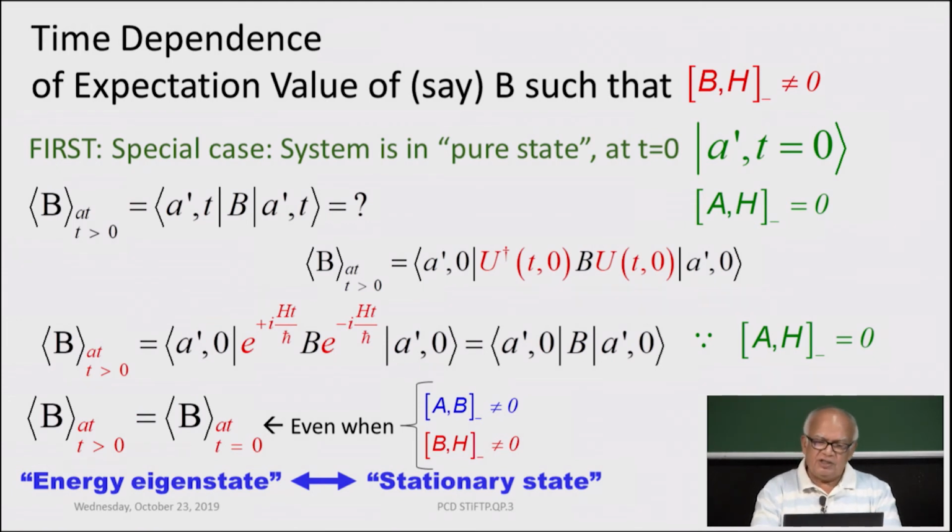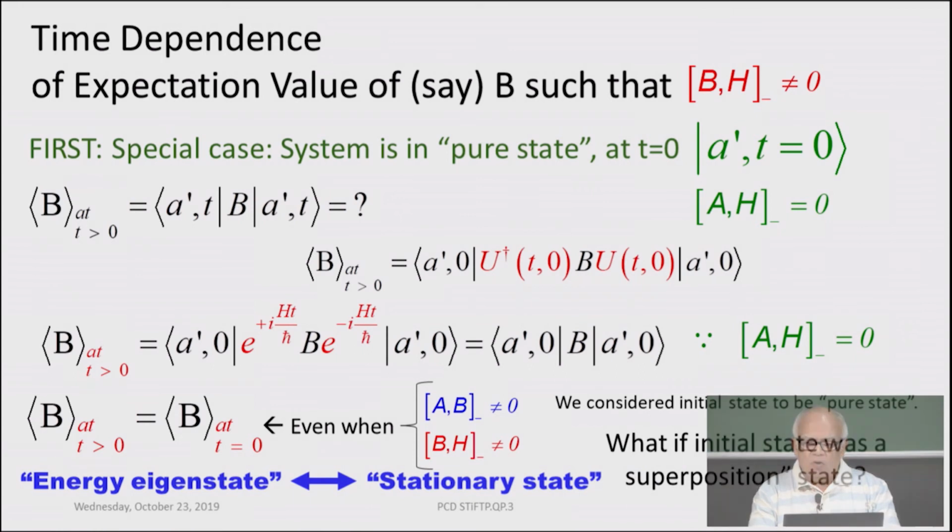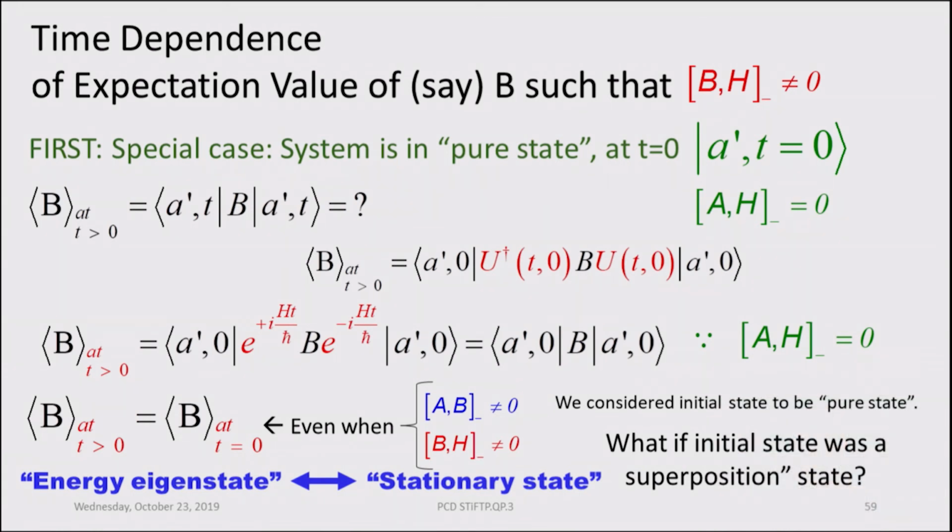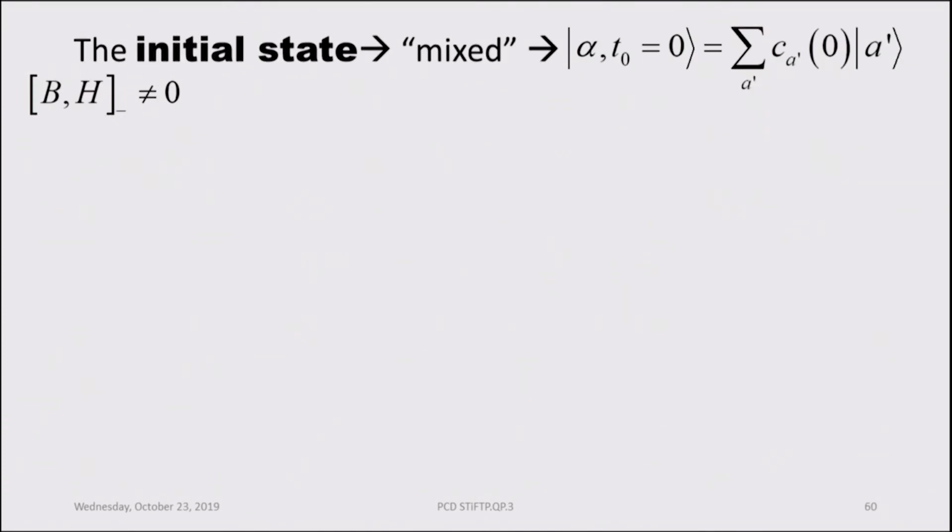So these are stationary states, and we know how these stationary states evolve with time. They evolve according to e to the minus i omega t, or E over h cross t. So that is the time evolution of the energy eigenstates.